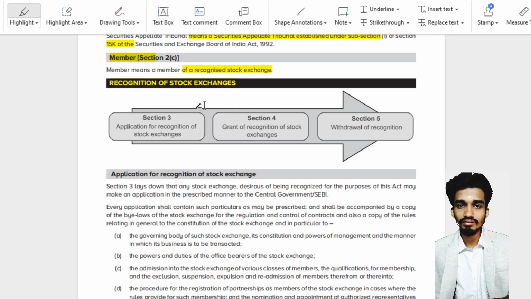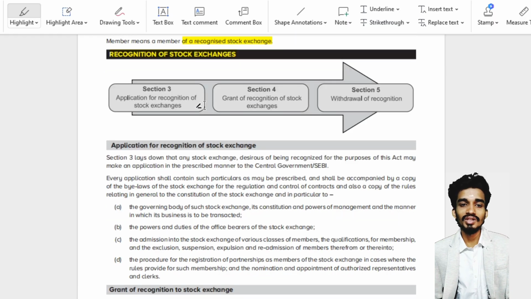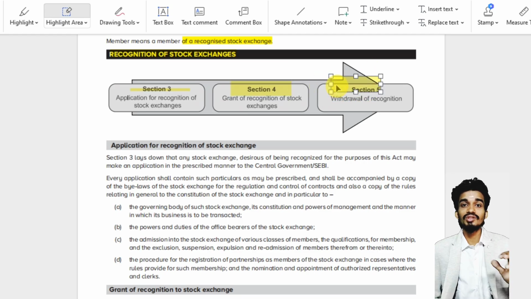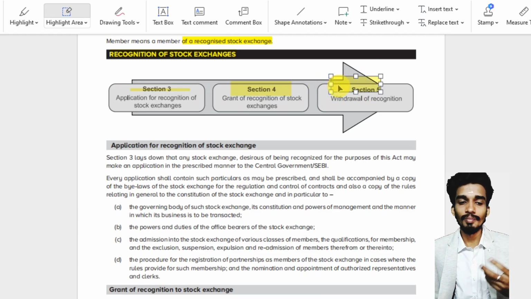Okay, so till now we have seen the basics, the key definitions which are involved in this chapter. From here the main chapter begins, that is your section 3. Sections 3, 4 and 5 are important, because this is where the stock exchange is recognized by the central government on following certain criteria. Okay.